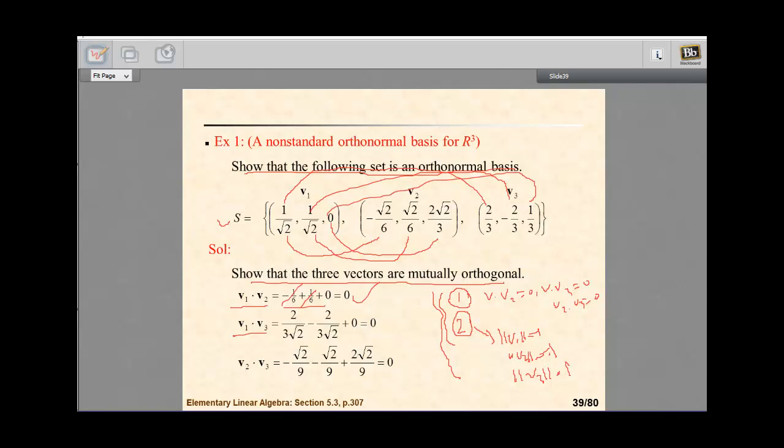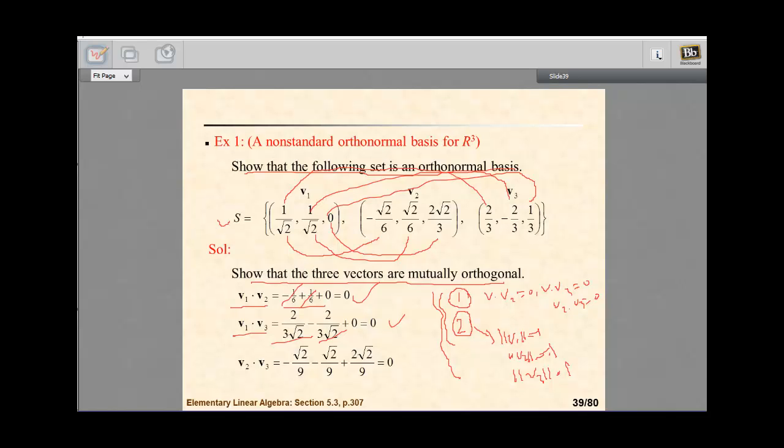When we multiply this, we get 2 upon 3 root 2 and minus 2 upon 3 root 2, plus 0, which is equal to 0.